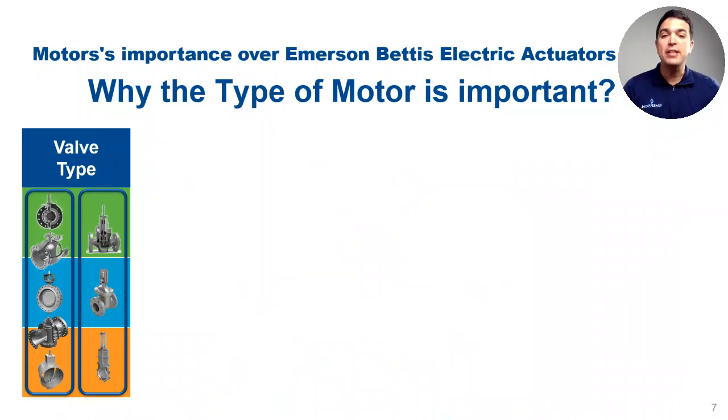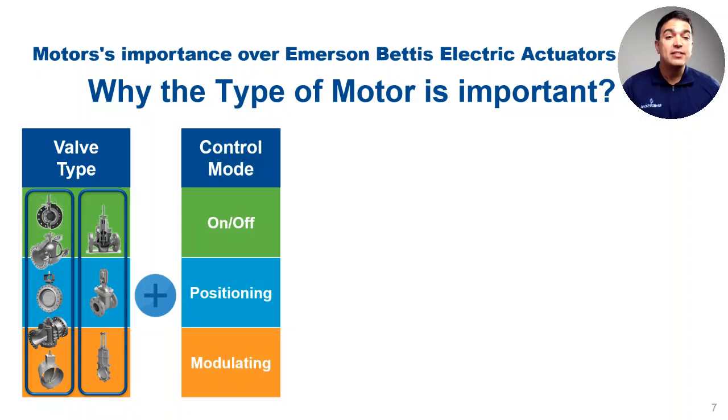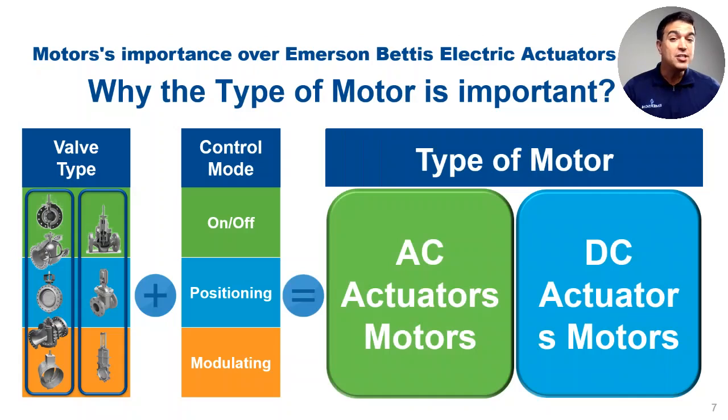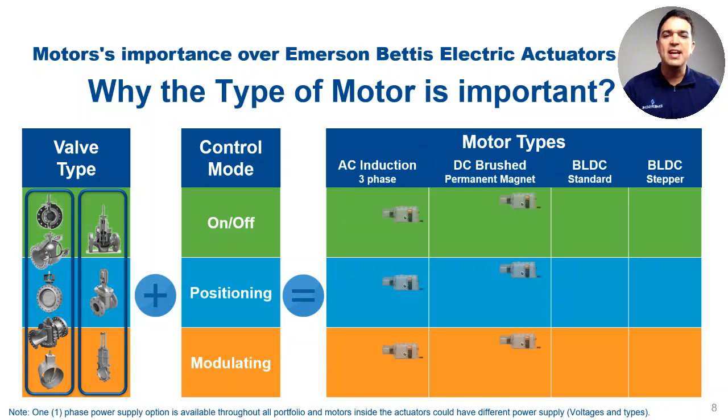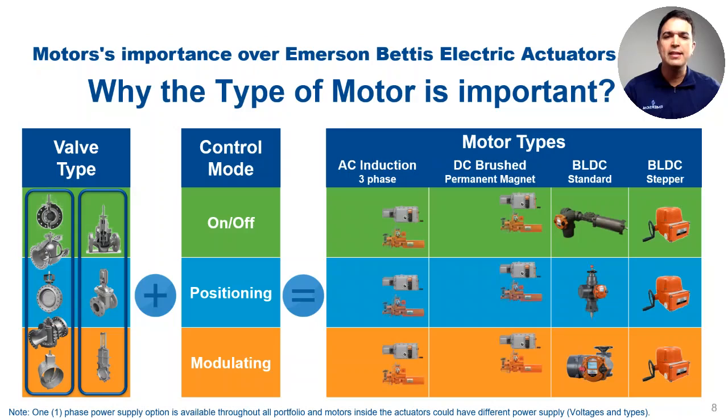So we have different types of valves because we have different kinds of applications and fluids to control. We also have different types of process control. Now, bearing that in mind, all the technologies mentioned before, each designer can have an actuator motor preference between AC and DC, acknowledging the power supply available at the site. So, taking all of this into consideration, you can see here the whole Emerson Bettis electric actuation portfolio divided by the main types of motor used in the actuation industry.